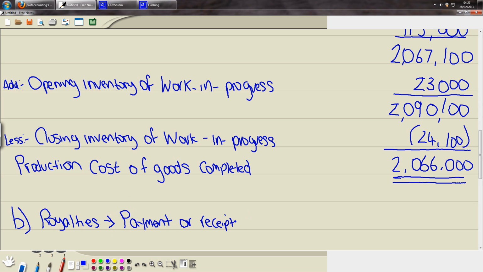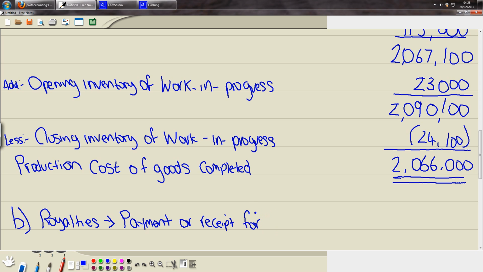What is the purpose of a royalty? Well, I'm sure you all think about music straight away when you're manufacturing CDs, and for every CD that's sold, the artist will get a royalty, a fee, a percentage of the sale value of that CD, and so on. Or obviously the label will get a royalty as well for the rights of the artist. So essentially we're talking about patents and trademarks and copyright.